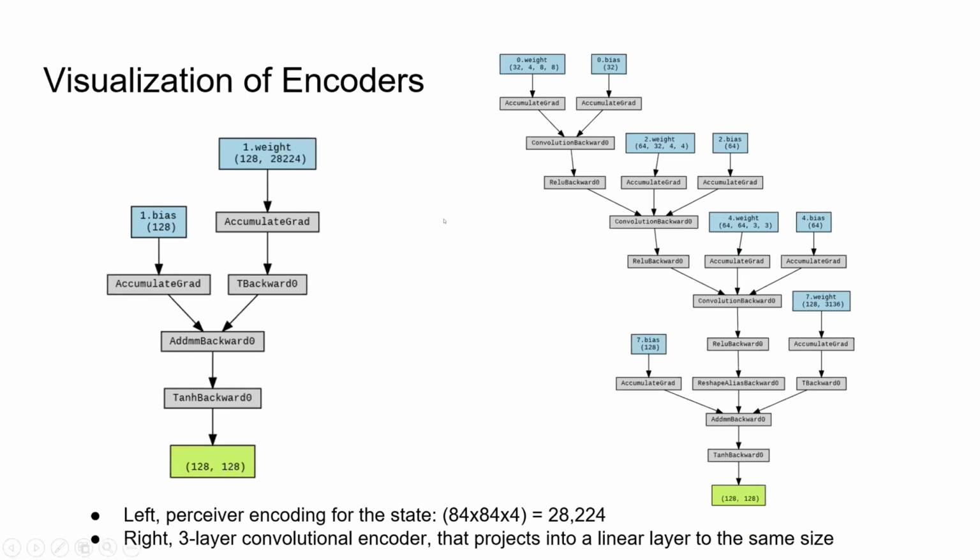So this is a lot of information to say something pretty simple. On the right, actually, is the original decision transformer encoder. This is just a convolution ReLU, convolution ReLU, convolution ReLU, and then a fully connected layer that casts it down to 128 by 128.